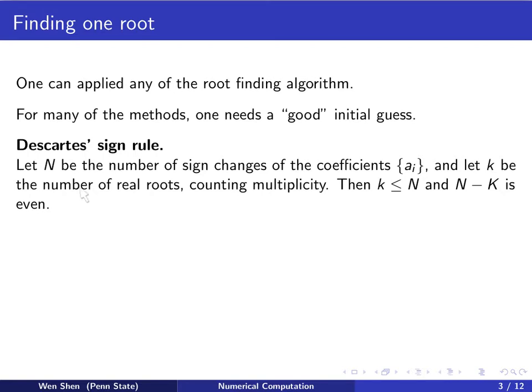It says that, letting N be the number of sign changes of the coefficients a_i, and letting k be the total number of real roots counting multiplicity, then k shall be less than or equal to N, and N minus k is an even number.